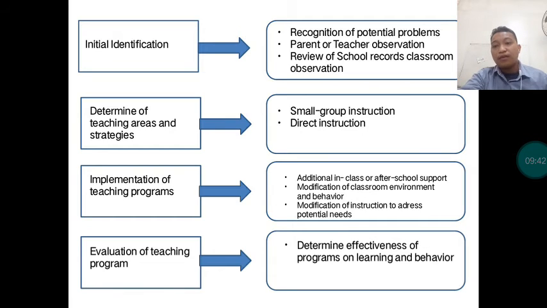The next one is the implementation of the teaching programs, additionally in-class and after-school support. After class, as I recall from my elementary years, if I'm not mistaken in grade 2 or grade 3, before we went home our teacher would give us the multiplication table.